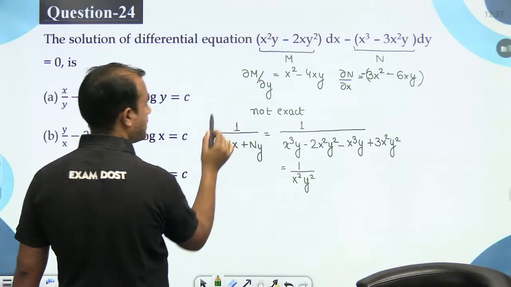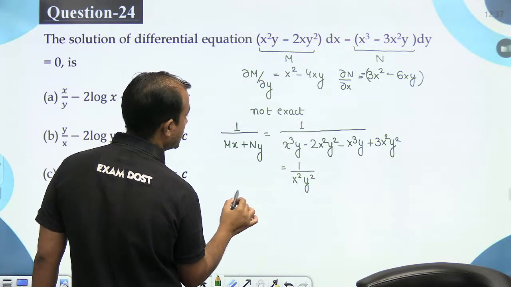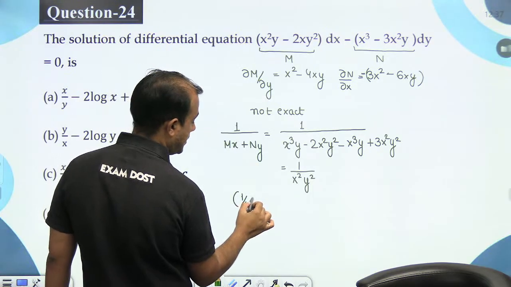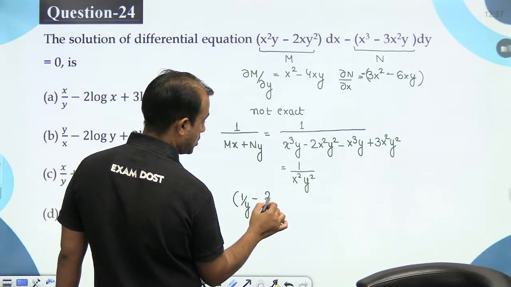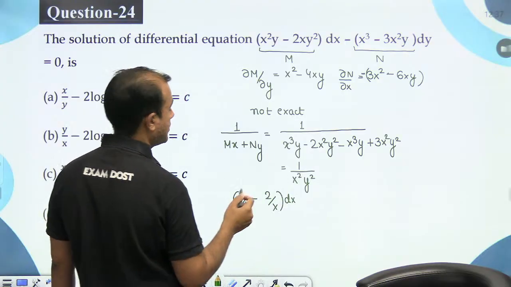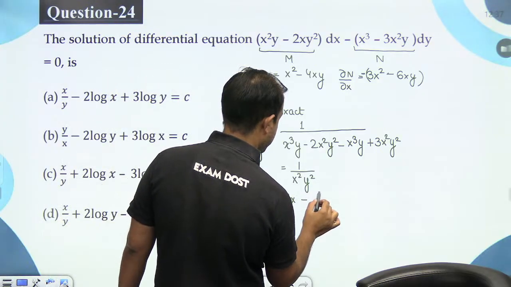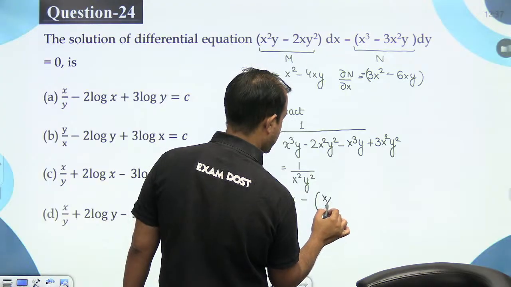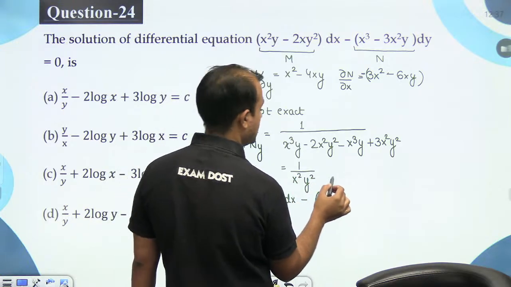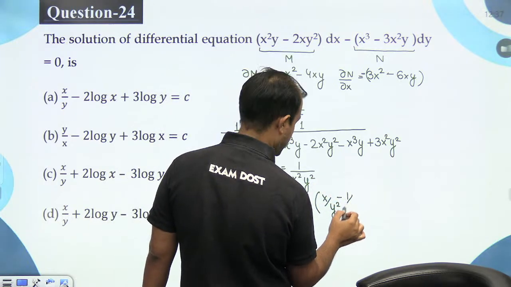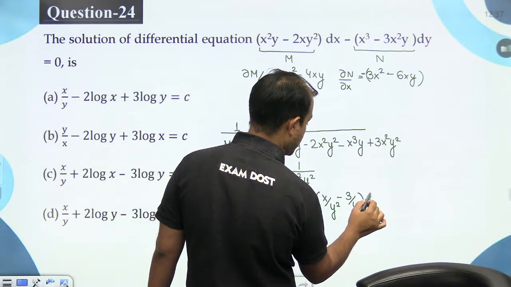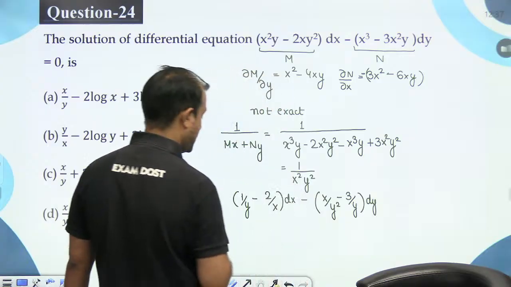Now, multiply this with the differential equation: 1 upon y minus 2 upon x dx, minus x upon y square minus 3 upon y dy.